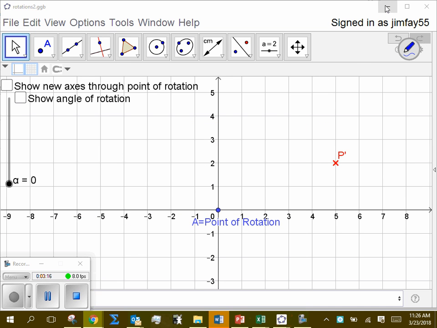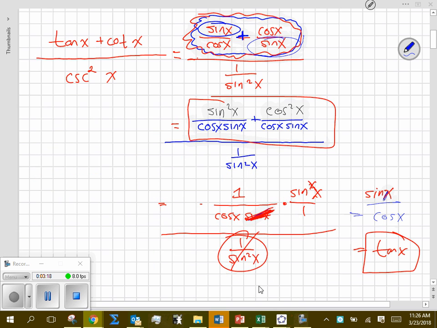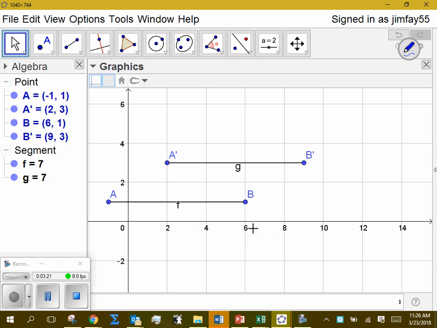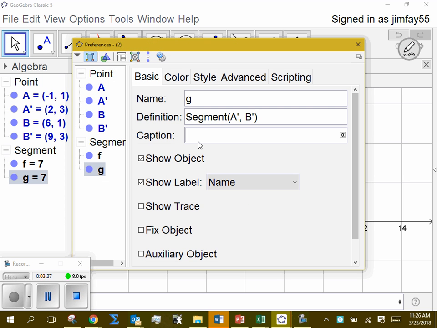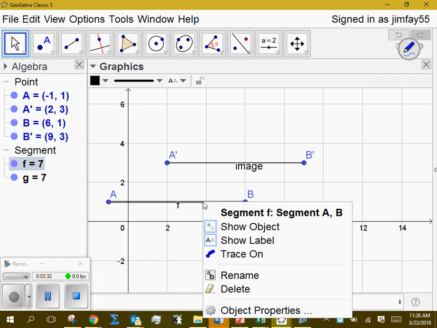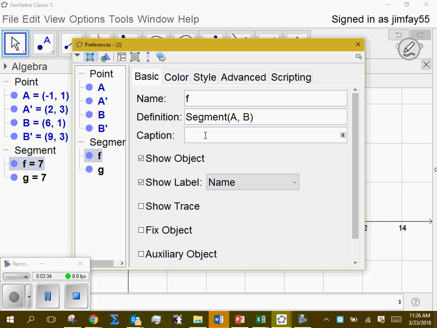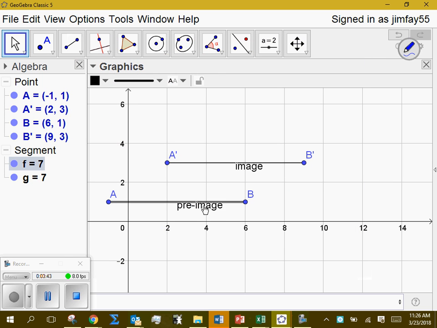Meaning that A prime, B prime, that one there is your image, okay? And this one here is your pre-image. Okay, if we don't have that structure set up, your translation is going to be wrong. Okay, because A needs to go to A prime and not vice versa. Does that kind of make sense?